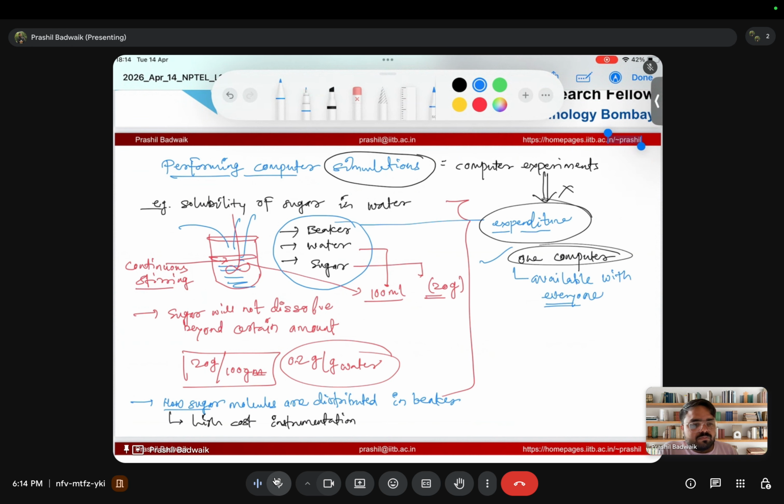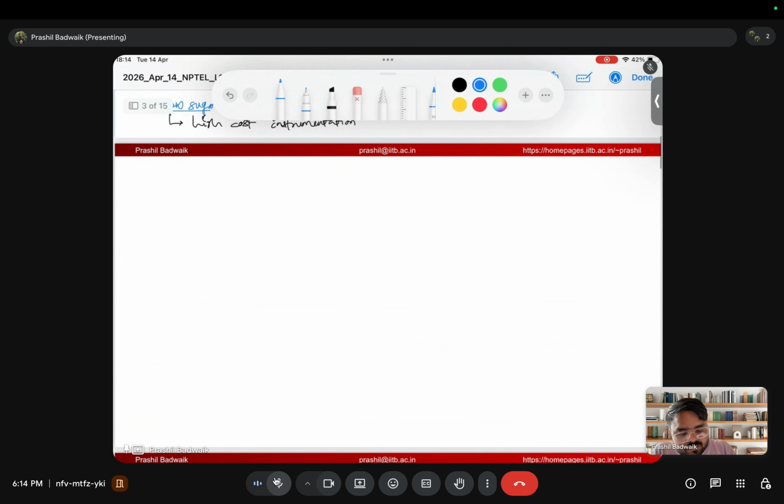To do these computer experiments, we have to first learn the theory of how to simulate, or how to perform computer simulations.